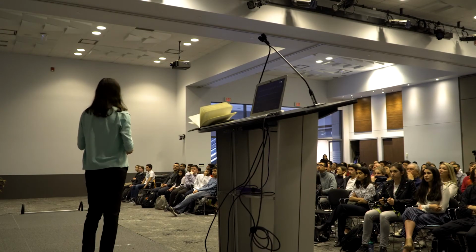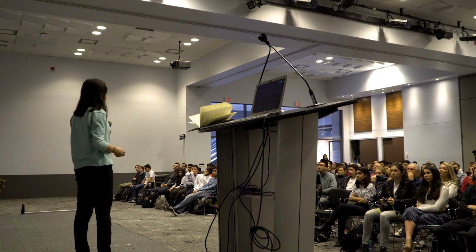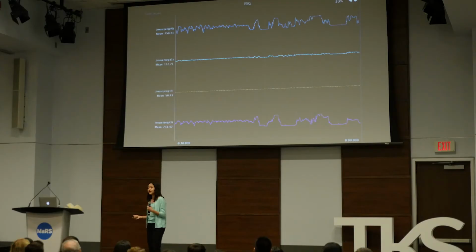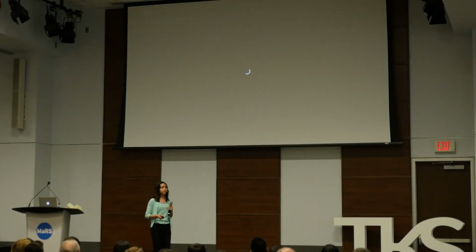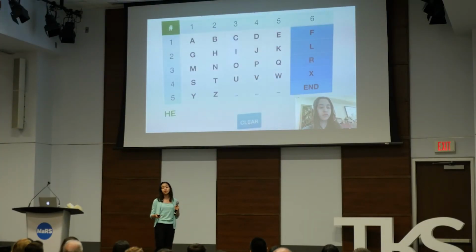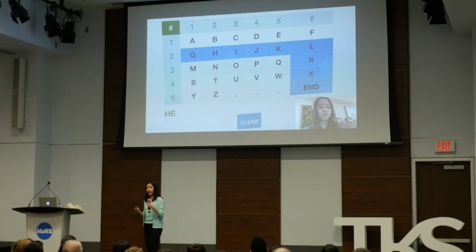So I decided that by looking at all these brain signals, I wanted to see if I could do something about this, because all of this seems really cool, but can I really do something that can work with this BMI stuff? So I decided to make this thing where you can basically blink and then you can spell out words.